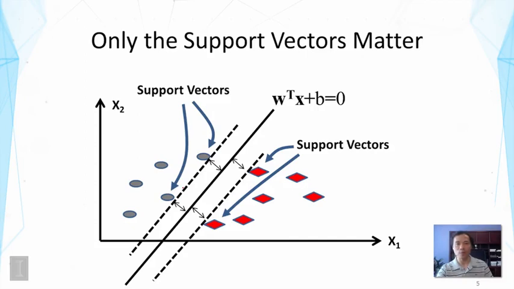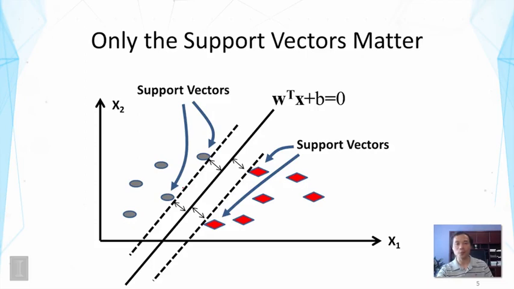You can imagine once we know which are the support vectors, then the separator line will be determined by them. So the other data points actually don't really matter that much. If you change other data points, it won't really affect the margin, so the separator will stay the same. It's mainly affected by the support vectors, and that's why this is called a support vector machine.